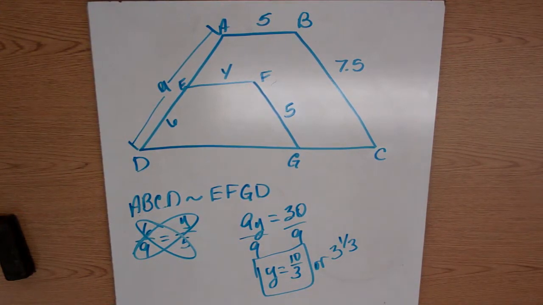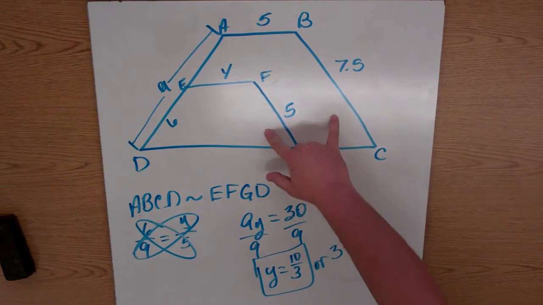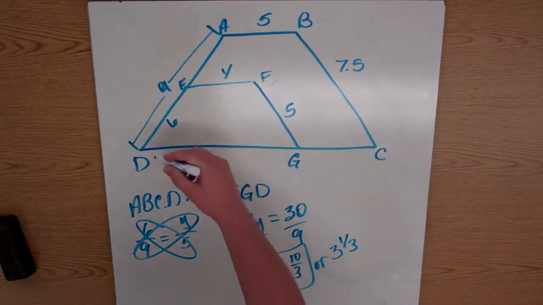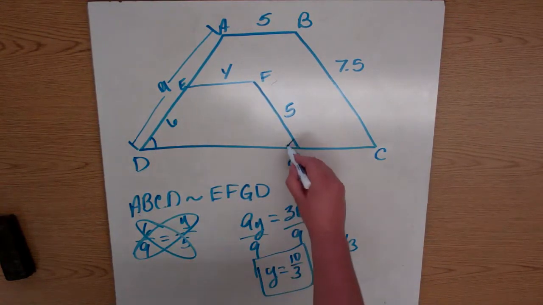So that's pretty much it for similarity. You notice it is very similar to congruence, but in other ways it's also very different. Remember, similarity means it's the same shape. Here, both of our trapezoids are the same shape, because of course this angle would be congruent to itself.